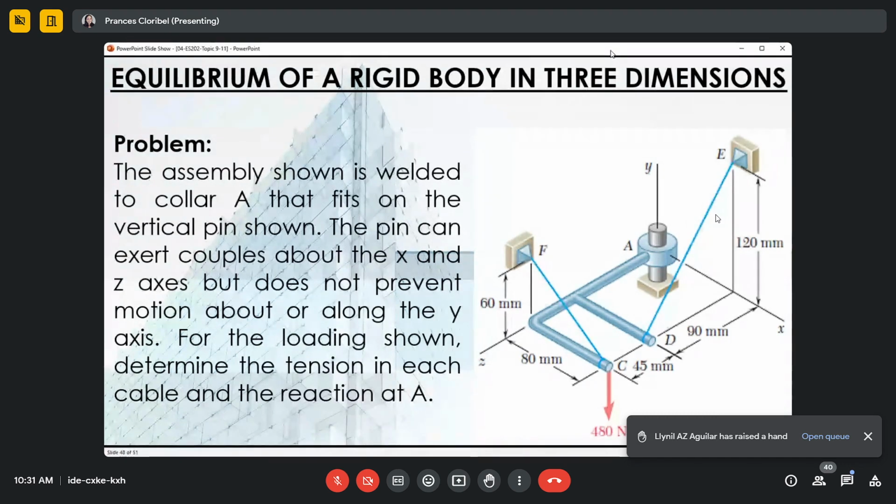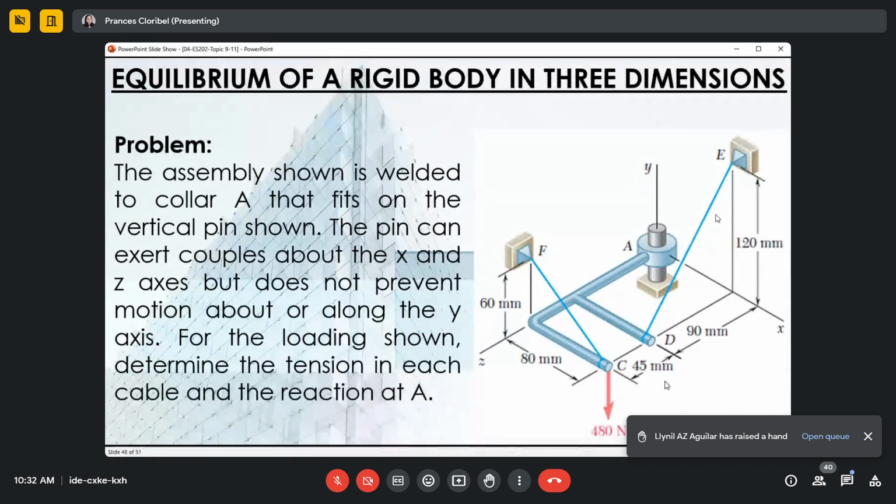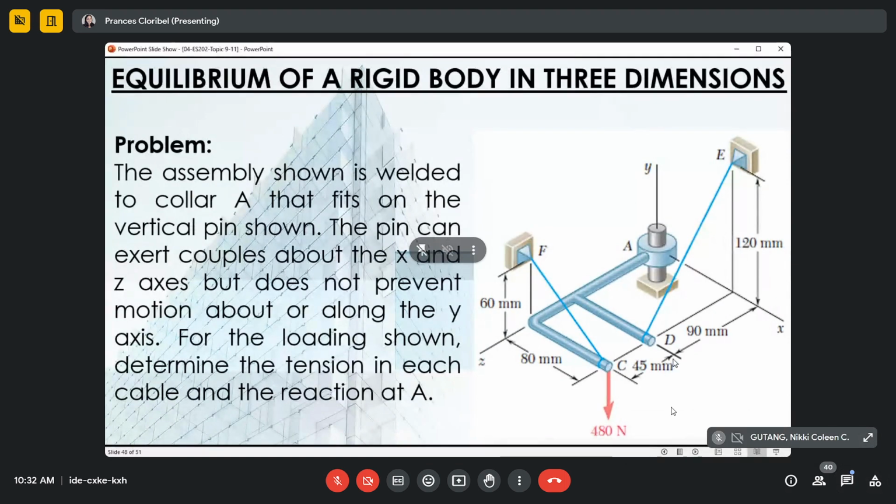You identify the unit vector of the segment, then take R cross F. Do you take the dot product? For a moment about an axis, like determining the moment about segment AB.